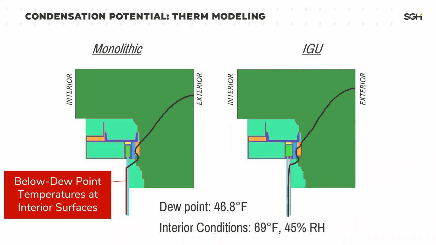In the monolithic glass THERM model, we see that there's a significant amount of condensation and below dew point temperatures at the interior surface. But in the insulating glass unit, our dew point isotherm turns down and runs parallel to the plane of glass and never actually touches the interior surface. So we wouldn't expect there to be condensation with an insulating glass unit.